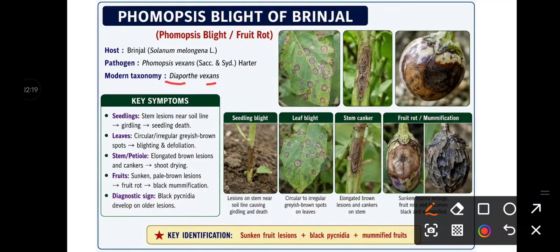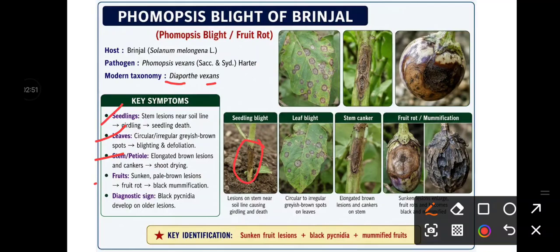This pathogen produces symptoms all over the aerial plant parts: seedling, leaves, stem or petiole, and fruits. First, in the seedling, stem lesions form near the soil line.